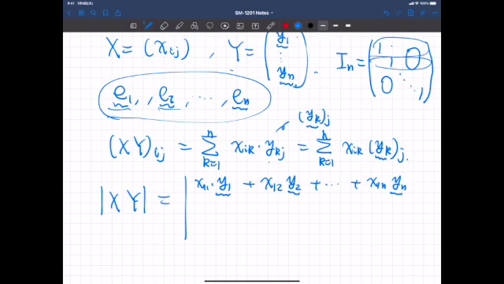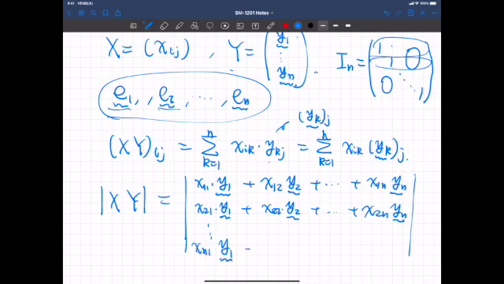And similarly for the second row, x21 times y1, x22 times y2, and x2n times yn, and so on. So the last row is xn1 times y1, and xn2 times y2, and xnn times yn.